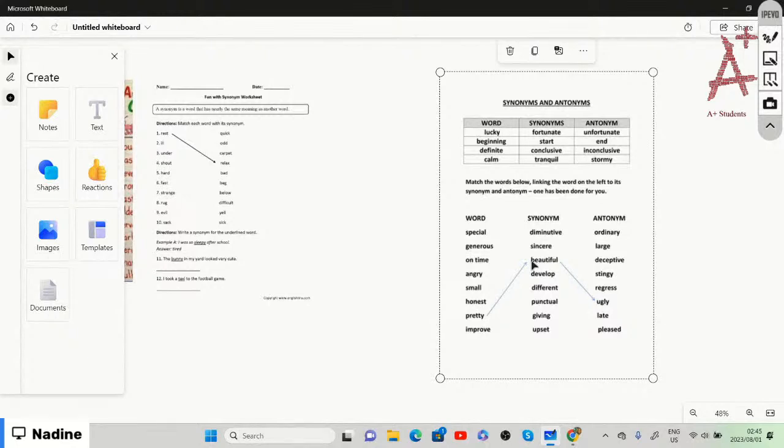And we said synonyms are words that are either the same or almost the same in meaning, and antonyms are the opposite in meaning, right? It means the opposite, means something different, right? And once again, based on this example that was made with the two arrows, we have beautiful in the middle.